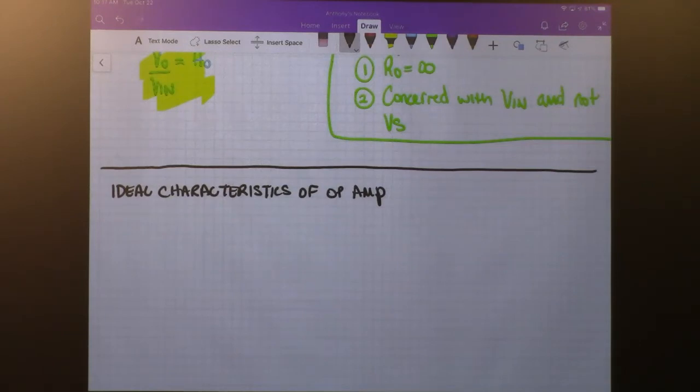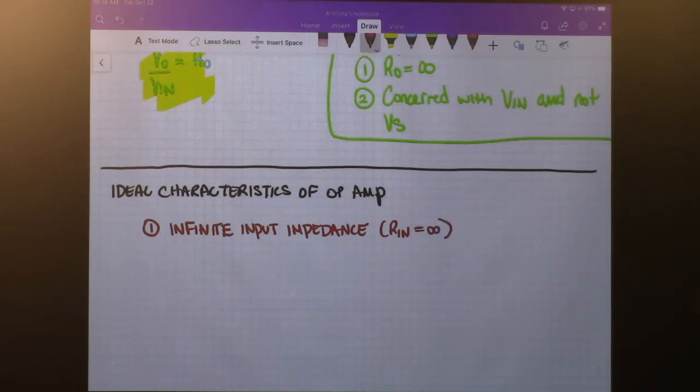The first characteristic is infinite input impedance.